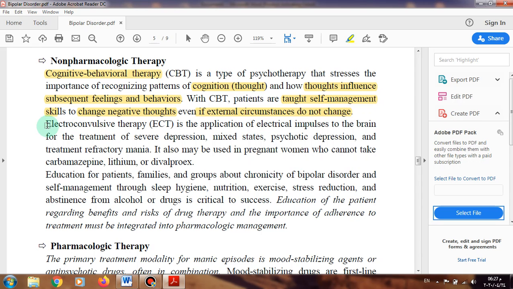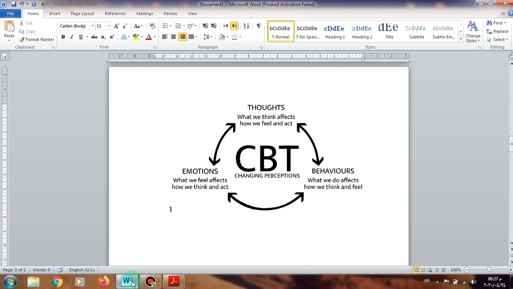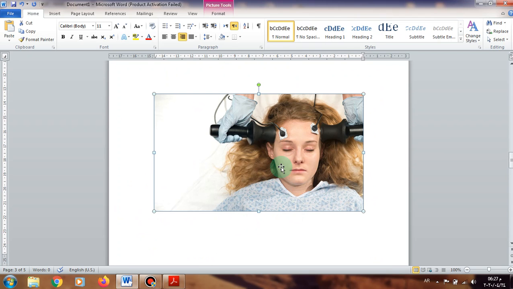Another non-pharmacological therapy is electroconvulsive therapy, which is the application of electrical impulses to the brain for the treatment of severe depression, mixed state, psychotic depression, and the treatment of refractory mania. This involves the induction of generalized seizures inside the brain through the administration of electrical impulses using bipolar poles directly on the brain.